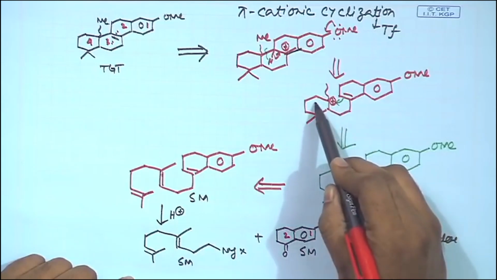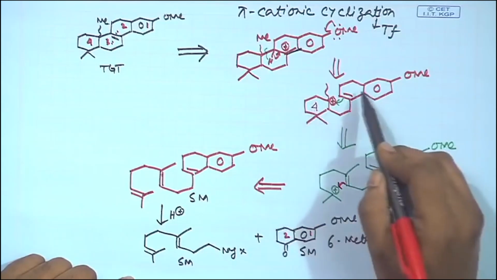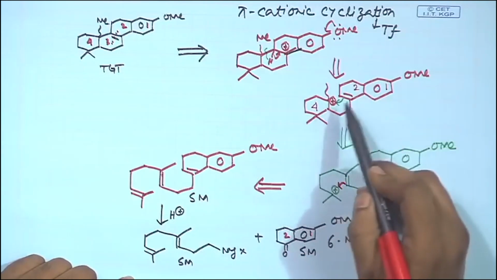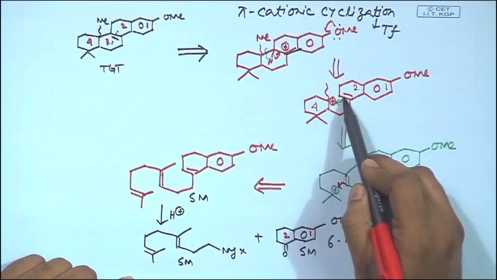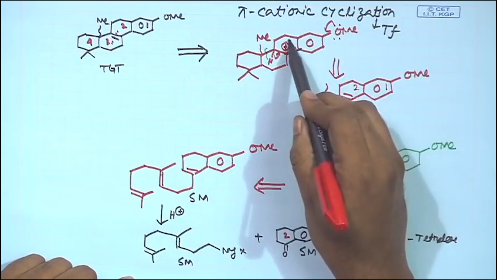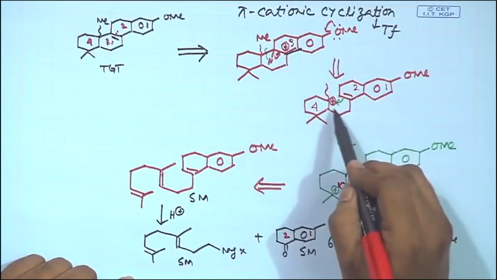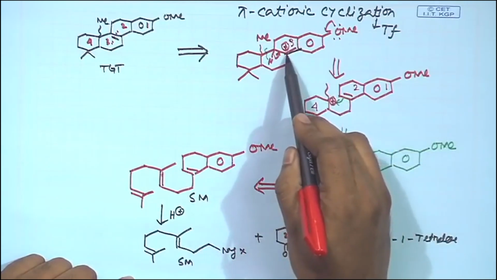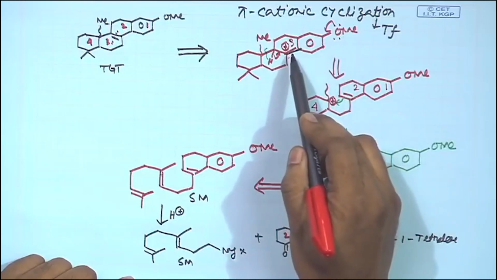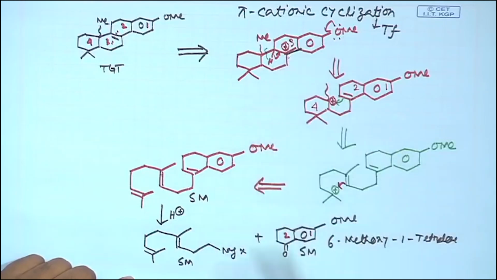So, ring 4 was already formed, this is ring 2, this is ring 1, and then this carbocation will try to react with this pi to make you ring 3, and finally you will find that this gives you a para-methoxybenzyl carbocation, which is also very much stabilized.